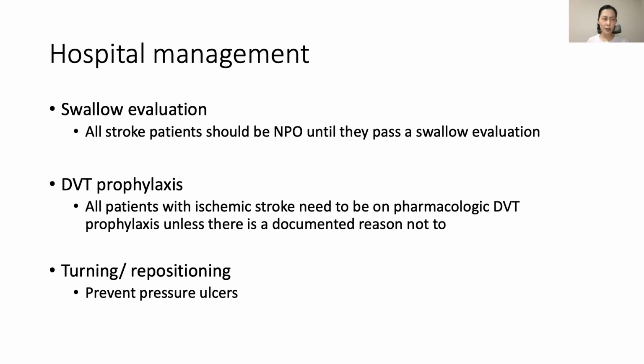Because if you have a hemorrhagic stroke and then you end up getting a DVT, then you're in a tougher spot. So you want to prevent that from happening. And very, very rarely do we see a worsening of a hemorrhagic stroke due to a DVT prophylaxis dose of medication. Turning and repositioning patients who are paretic or plegic is necessary to prevent pressure ulcers.